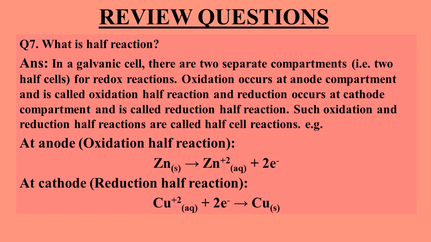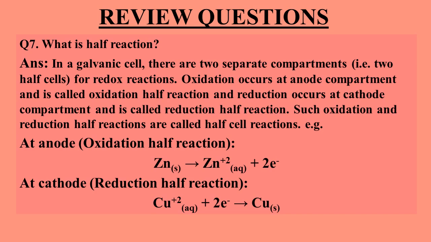Half of the redox reaction, say oxidation, occurs at the anode compartment and is called the oxidation half reaction. The other half reaction, say reduction, occurs at the cathode and is called the reduction half reaction. Such oxidation and reduction half reactions are called half cell reactions.